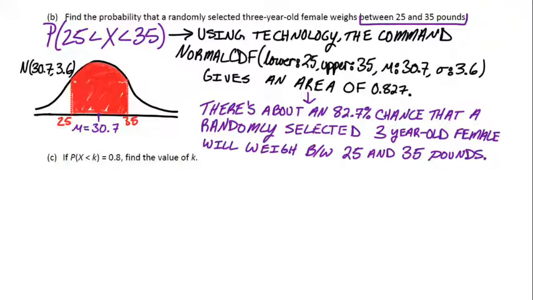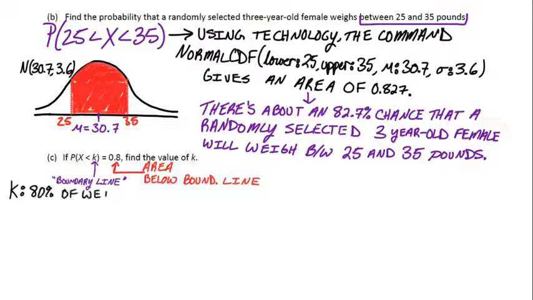We're still talking about the weights of 3-year-old females. So from what we've seen so far, K would be like our boundary line on the curve. So the probability X is less than some weight, whatever K represents, there's an 80% chance. So 0.8 would be the area below that boundary line.